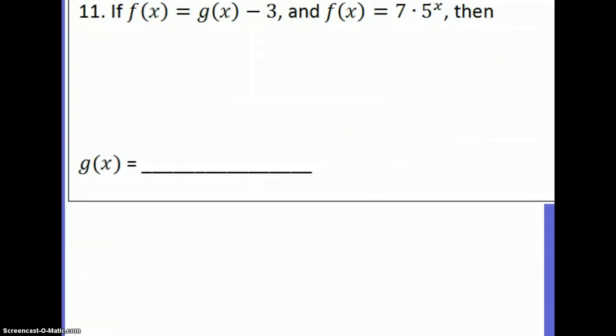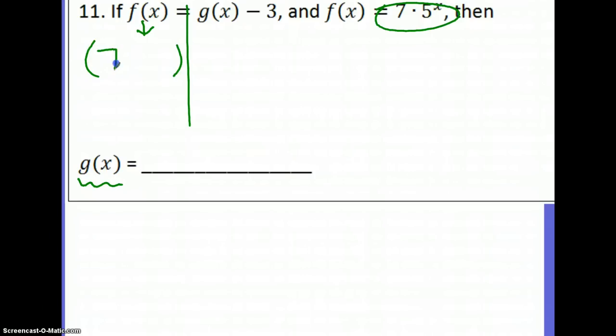If f(x) = g(x) minus 3 and f(x) is 7 times 5 to the x, then we're going to find g(x). So we're going to plug f(x) in. f(x) is on this side. We're going to plug in 7 times 5 to the x. Bring everything down, g(x) minus 3.